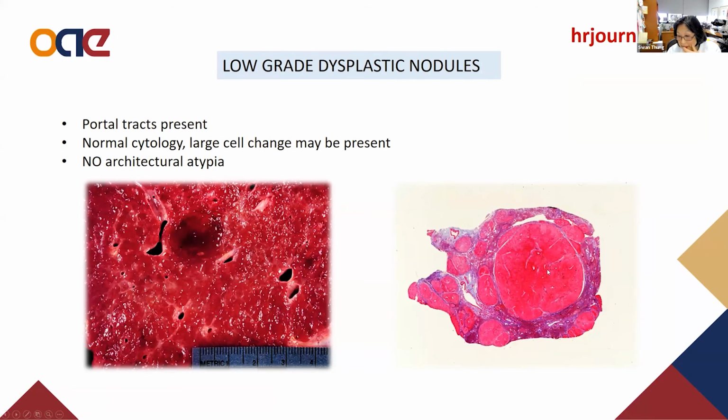It still contains portal tracts. On this trichrome, you can see the small portal tracts, and there is not normal cytology; large cell change may be present. Large cell change is not a pre-malignant sign, and there is no nodule within nodule or architectural atypia.